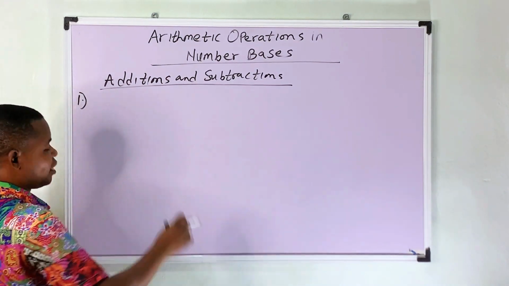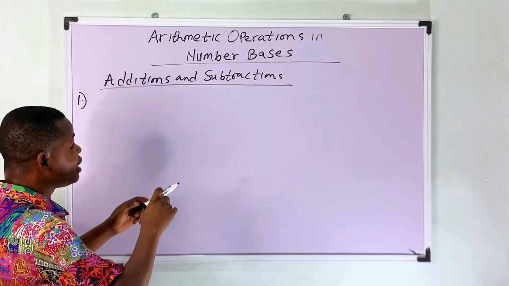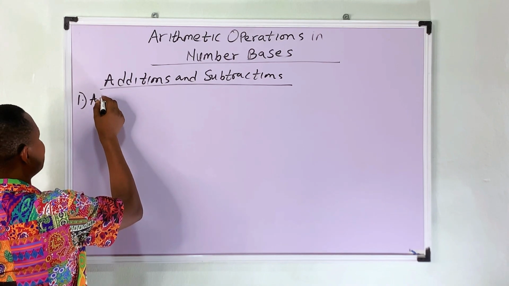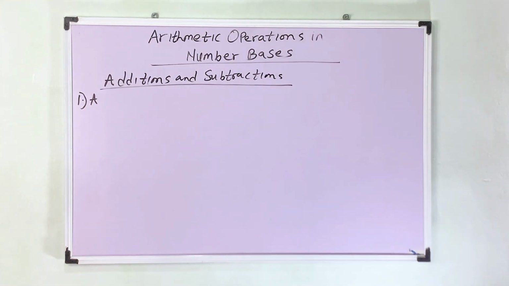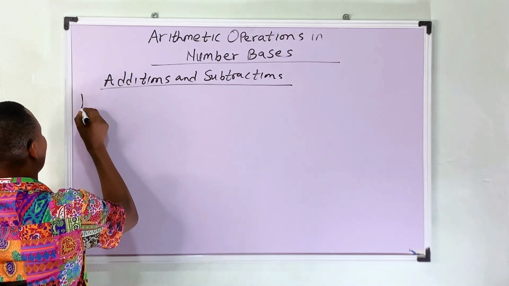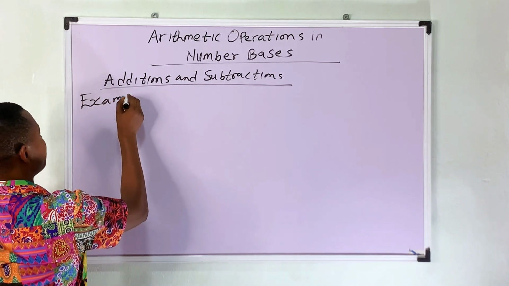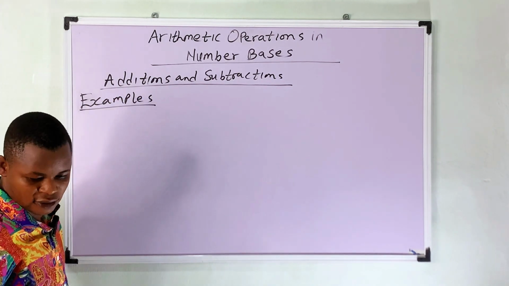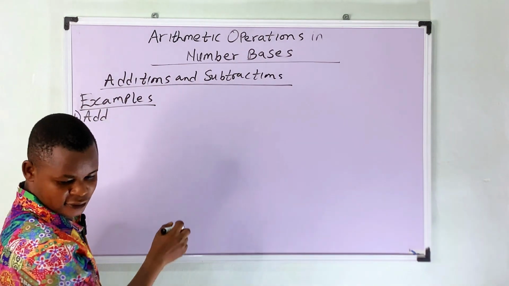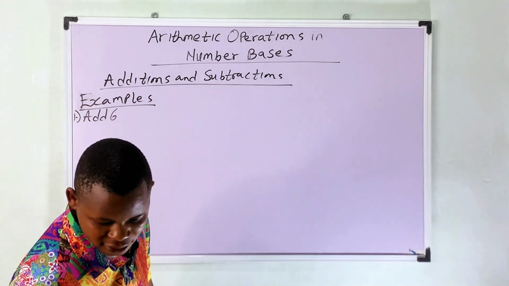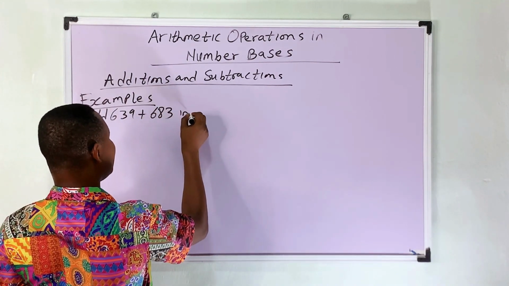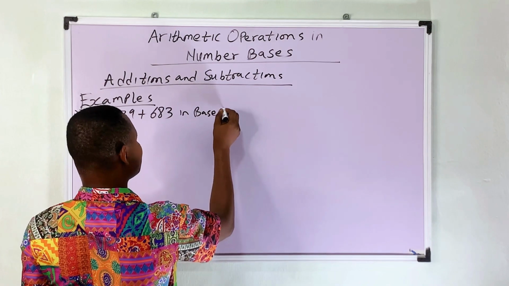Like I said, we are going to start with the base that we understand, which is base 10. Look at this question. Example: add 639 plus 683 in base 10.